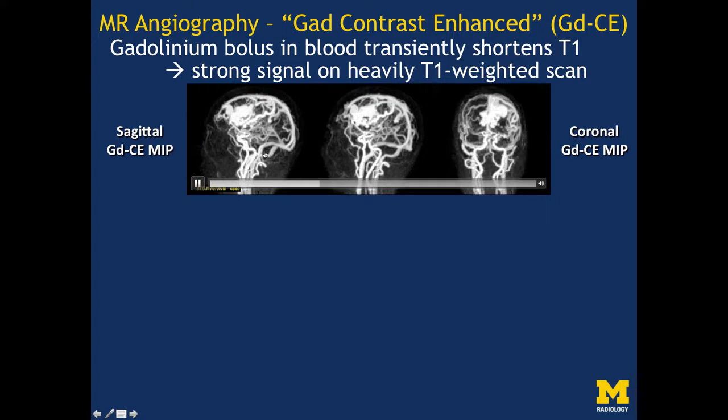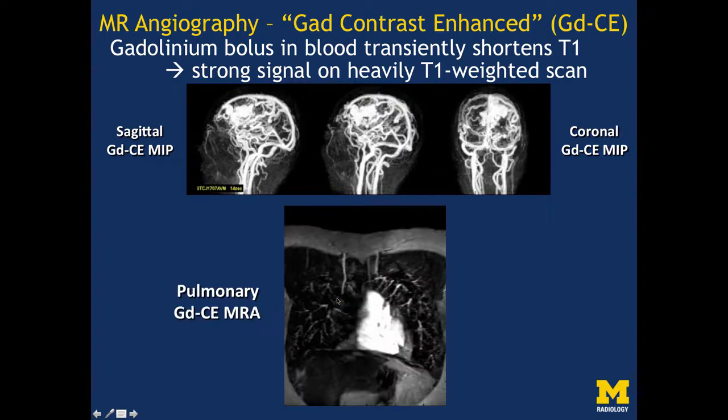And if we do it dynamically, we can look at the filling of the arterial side as well as the draining from the venous side and look for shunts between those. And I'm just reformatting that in 3-dimensional views in these MIPs. These may be just a few seconds worth of acquisition each, and we'll do it dynamically to look at the whole excursion of the contrast through the system.